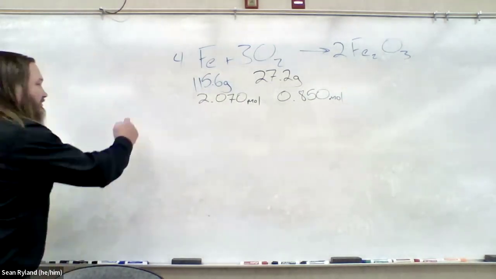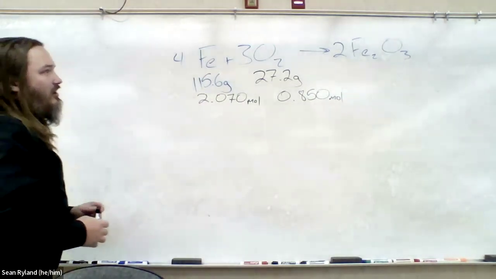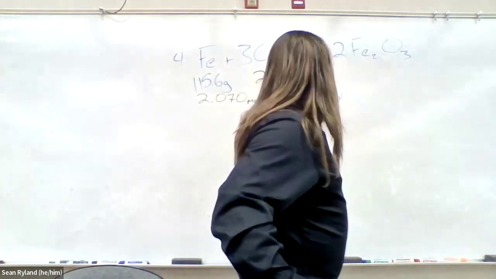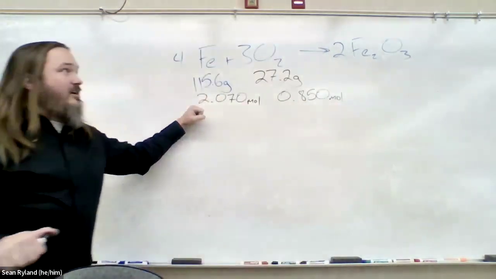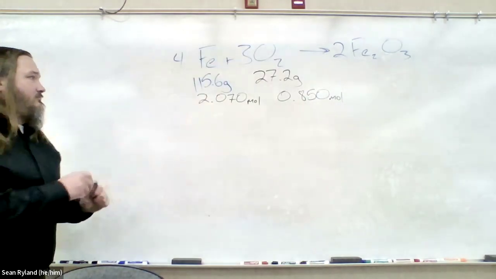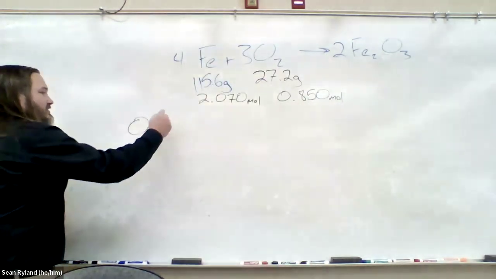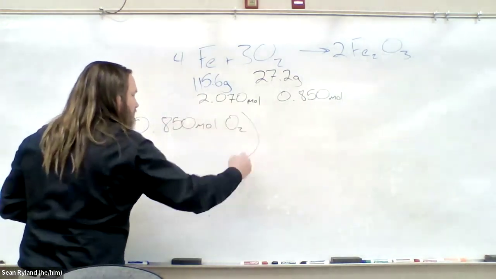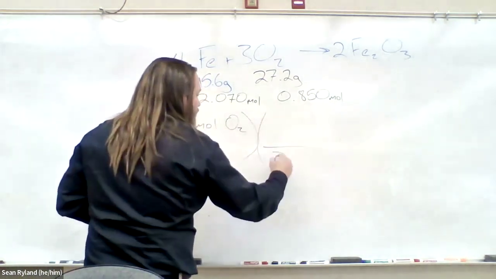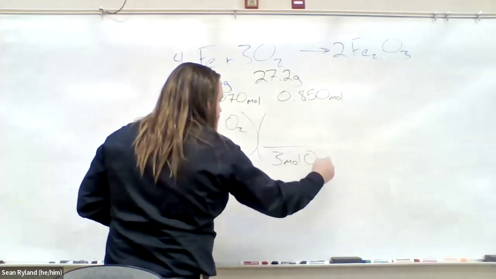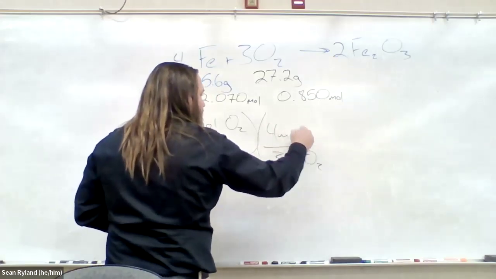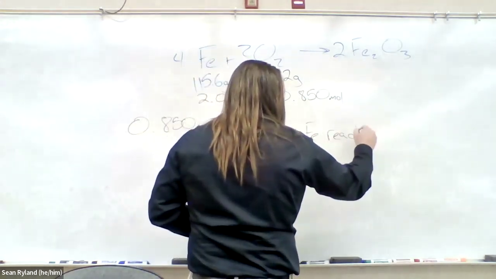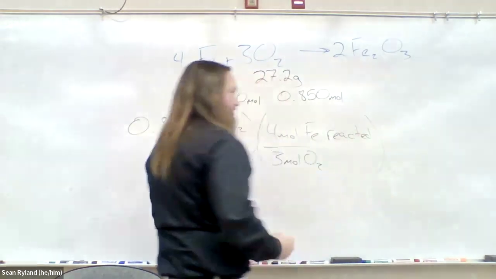But just to show that, if all of our oxygen reacted, how many moles of iron reacted? Well, 0.0850 moles of O2 for every 3 moles of O2, it's 4 moles iron reacted or used.